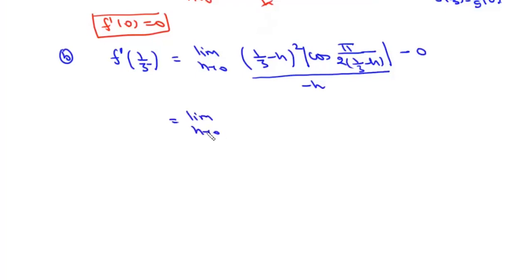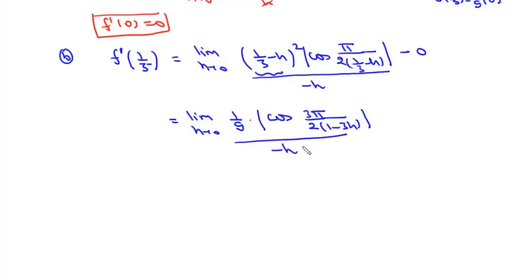Now what we'll do is we'll write this as limit h tends to 0. We don't have a problem with this expression because this is finite. So this is 1 by 9, and we'll take this 1 upon 3 out. So we can write this as cos(3 pi by 2 upon (1 minus 3h)) mod upon minus h.